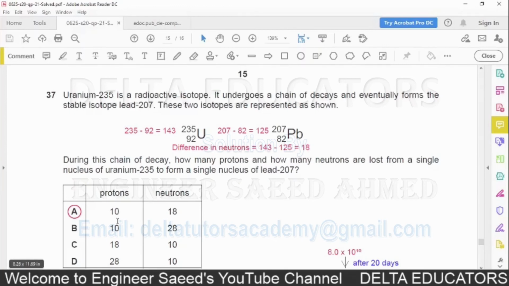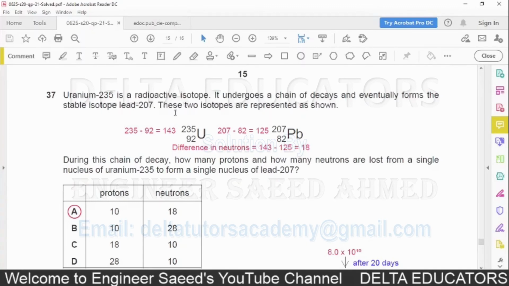Now what about the number of neutrons? It is the nucleon number minus the proton number. So how many neutrons are there in a uranium atom? The number of neutrons in a uranium atom will be 235 minus 92, it is 143. We have to subtract proton number from the nucleon number to get the number of neutrons. So in uranium, the number of neutrons is 143 and the number of neutrons in lead is 125.